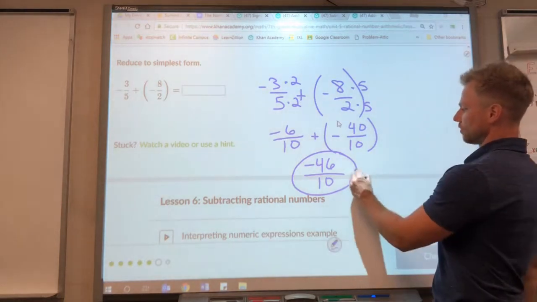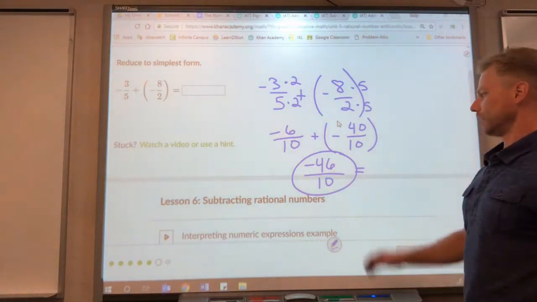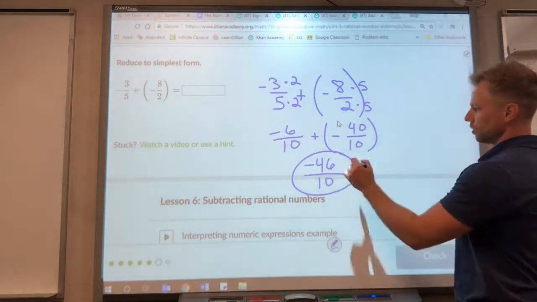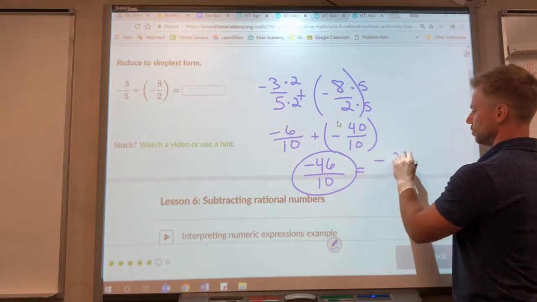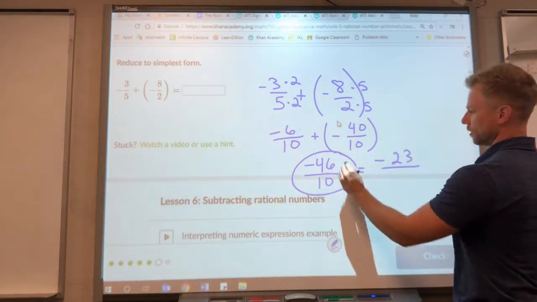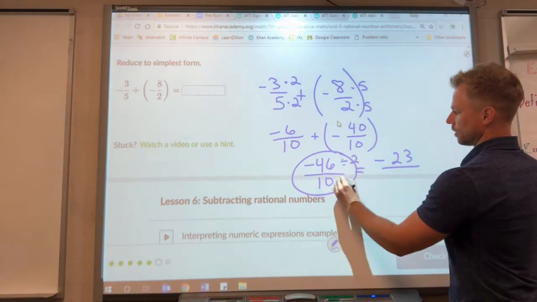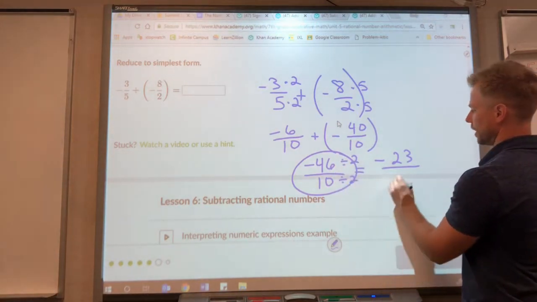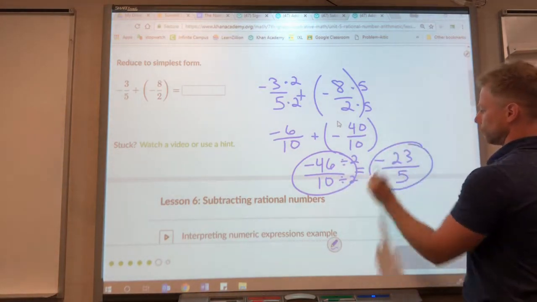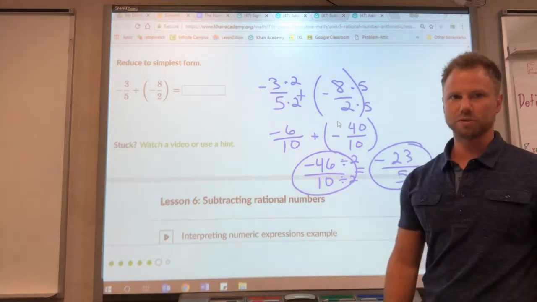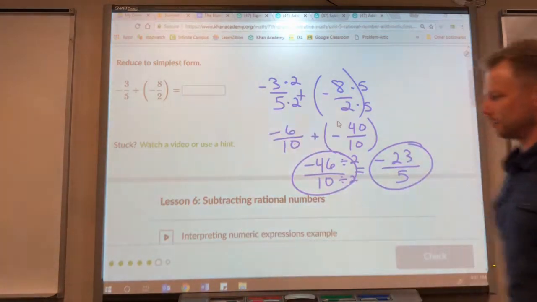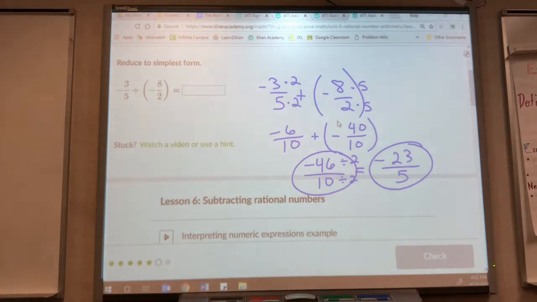Actually, I think we do have to reduce, so we can divide both of those by 2. 46 divided by 2 is 23. 10 divided by 2, I'll write that on here, is 5. So negative 23/5 is our most simplified answer. And Khan Academy always wants the most simplified answer. So we'll plug that in.